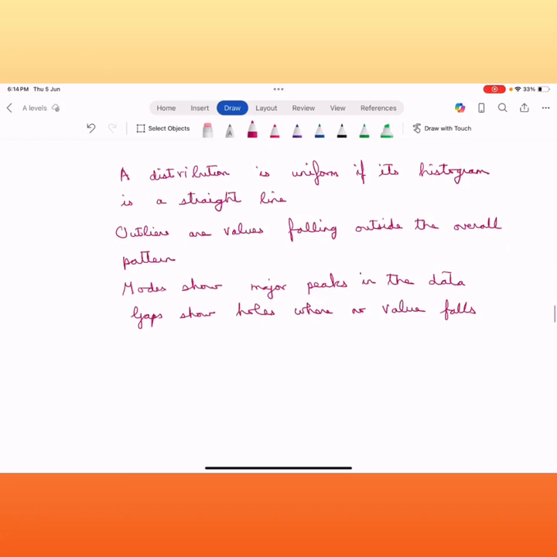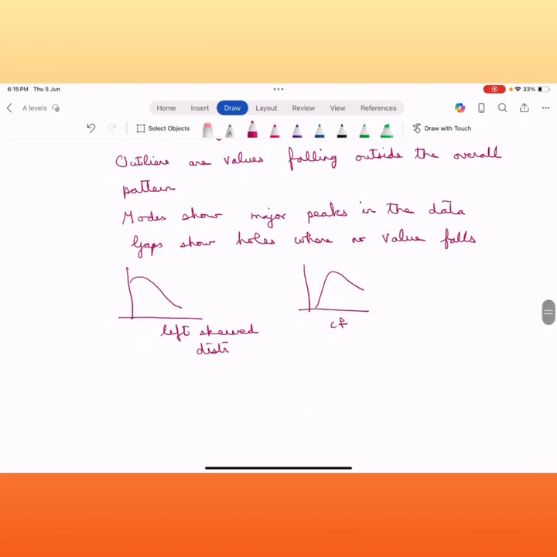So coming to certain basic graphs. If I look at this graph here, this is a left skewed distribution. And for a left skewed distribution, this will be the cumulative curve. This is the cumulative frequency curve. Then you have, this is a bell-shaped curve.